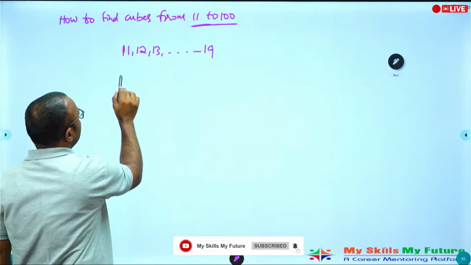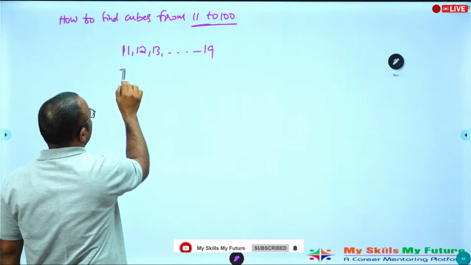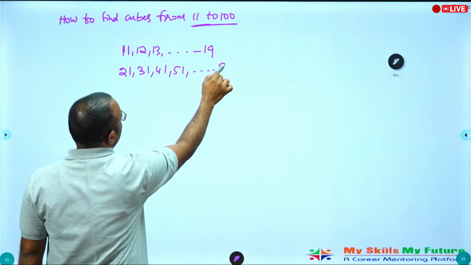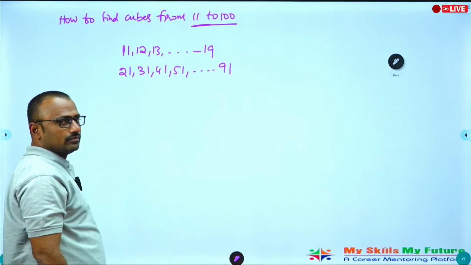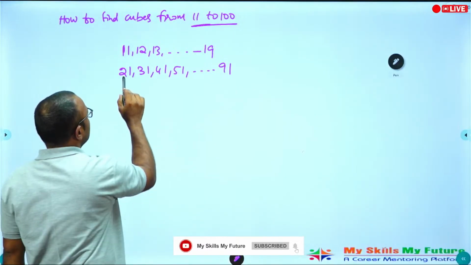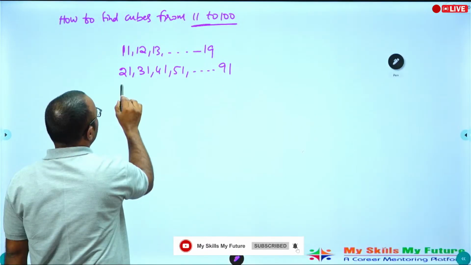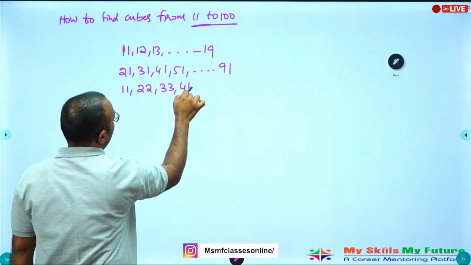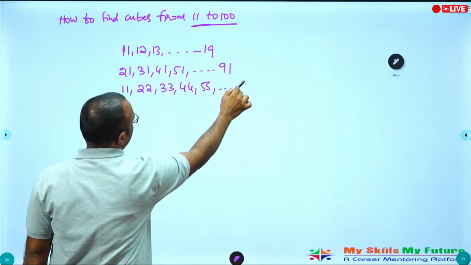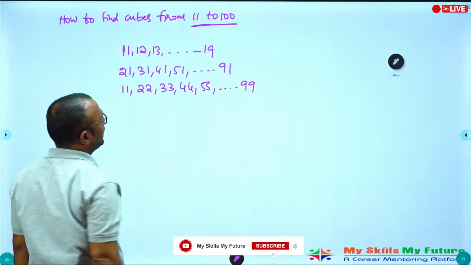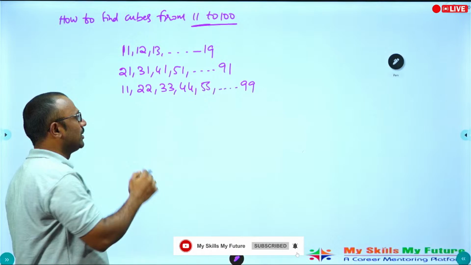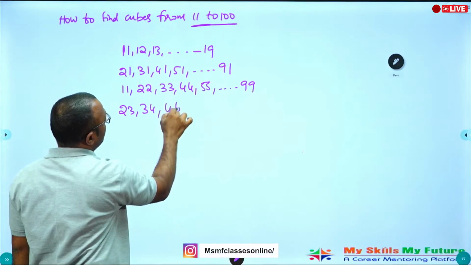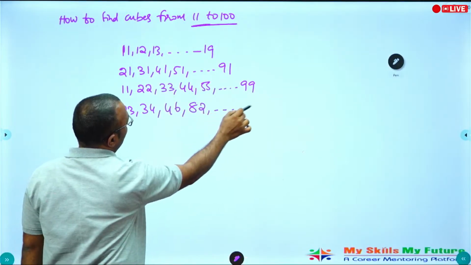Ending with 1: 21, 31, 41, 51, 91. Next, same numbers: 11, 22, 33, 44, 55, and so on up to 99. And different numbers, 2 digits having different numbers, that is 23, 34, 46, 82, and so on.